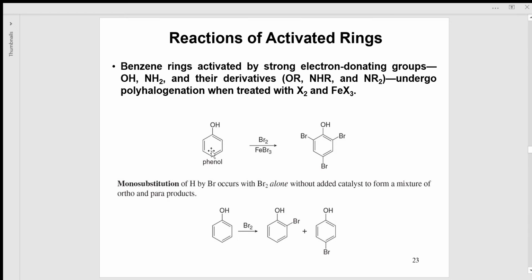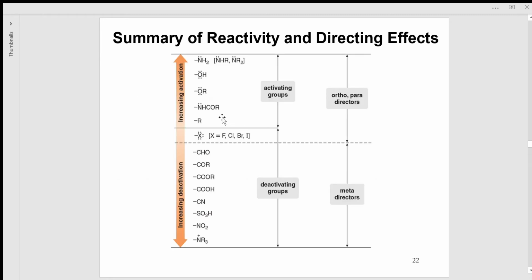So the electron density here is much higher than benzene. So we are able to get a tri-substituted product, with three hydrogens replaced by bromine. Again, a strong donating group increases the reactivity and gives us ortho para substituted product.